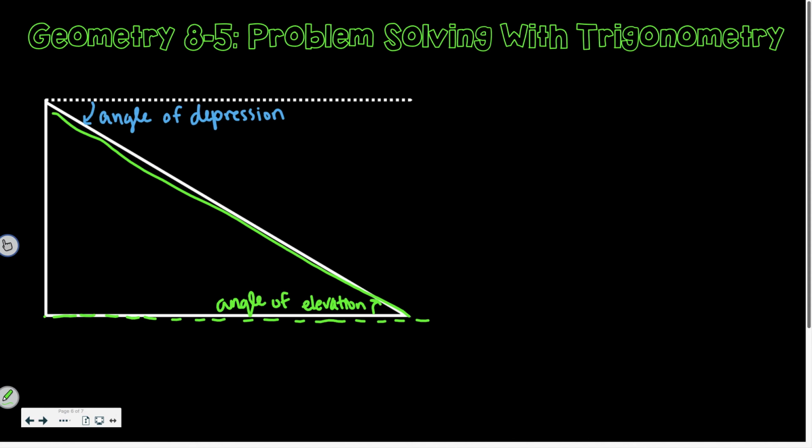And angle of depression is when you have a horizontal line and your angle opens down, okay? There will be some problems where I give you a picture and some problems where I say you need to draw a picture to solve. So make sure you feel comfortable with both of those. Then you're typically using SOHCAHTOA to solve those. Rarely will you end up having to use law of sines and law of cosines, but it is possible.